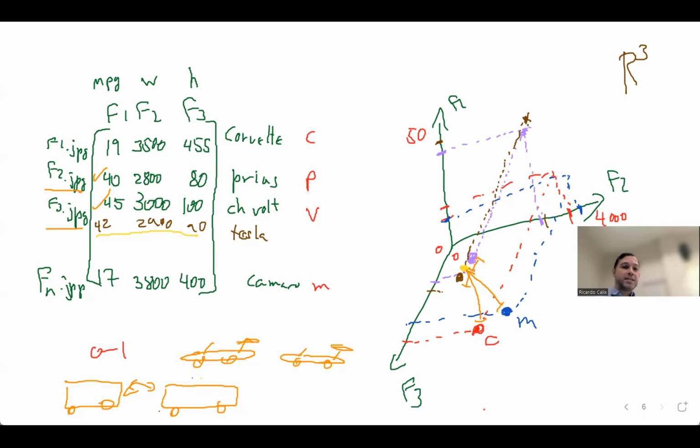So to get A, you just do P2 minus P1, and to get B, you just do Q2 minus Q1. So effectively, A becomes P2 minus P1, and B becomes Q2 minus Q1.